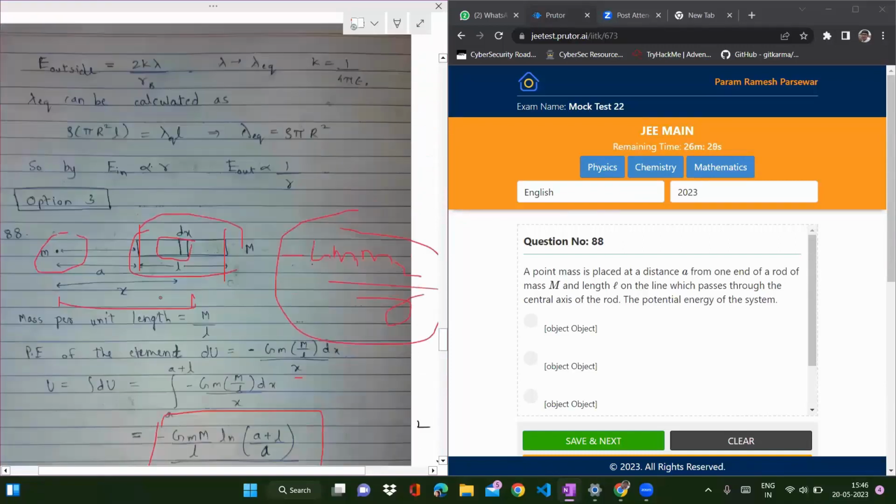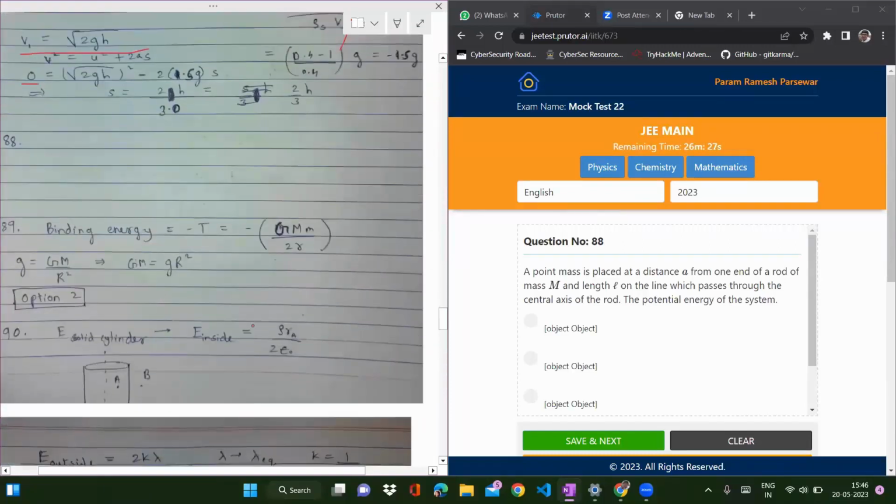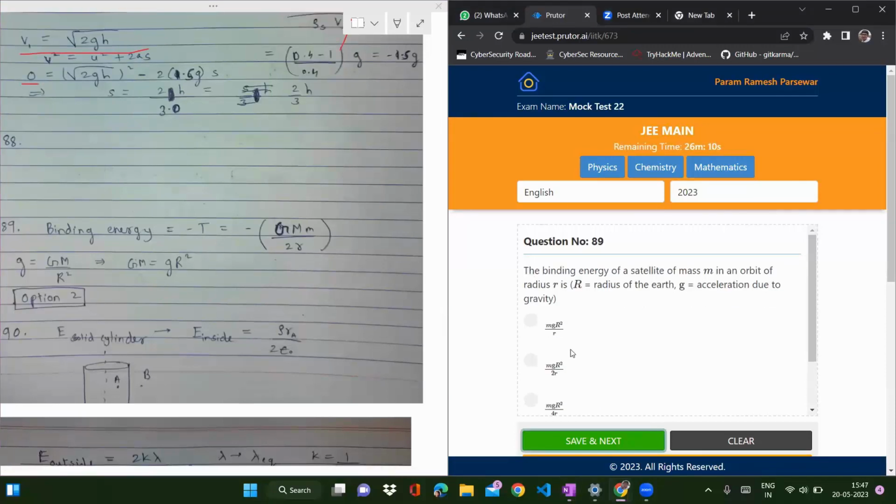Now we have question number 89. The binding energy of a satellite of mass m in an orbit of radius r is. So the binding energy is actually in reference to the total energy.